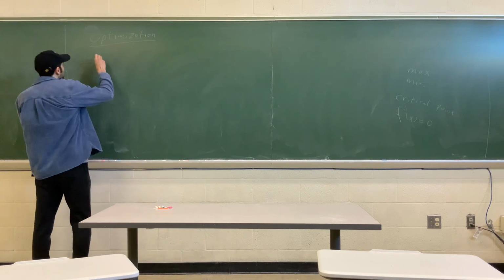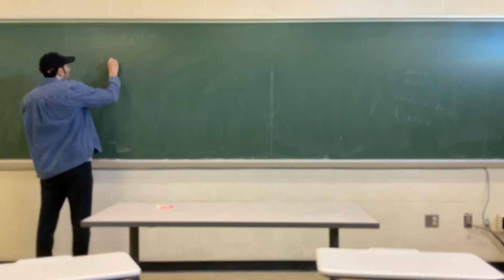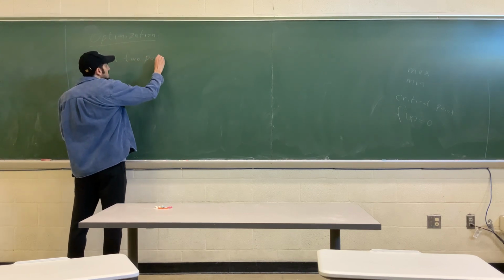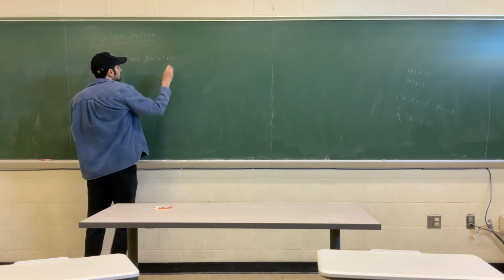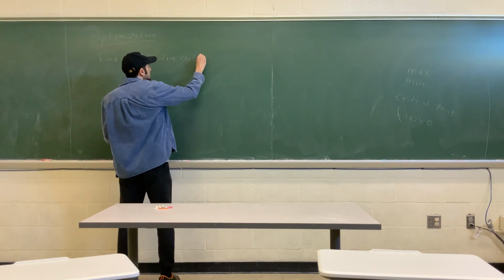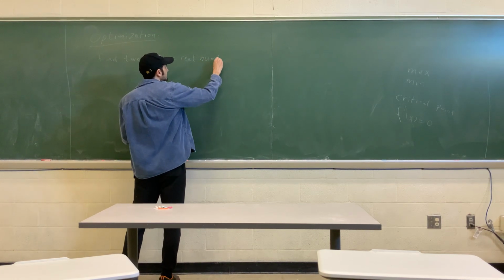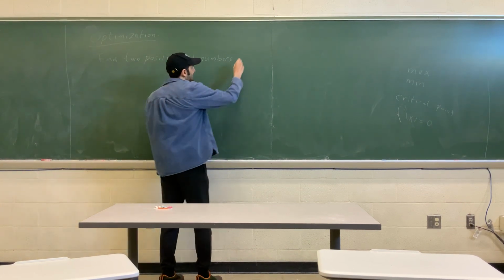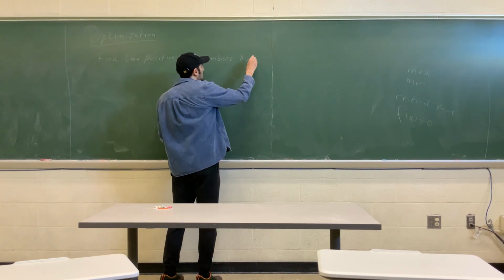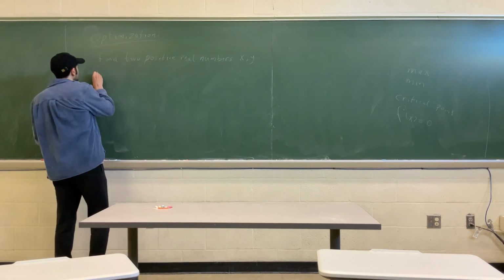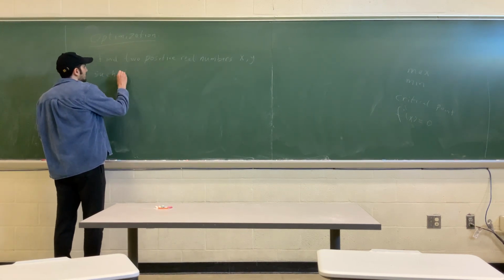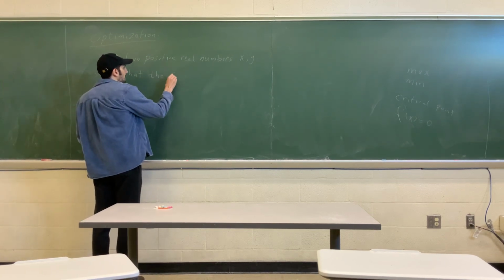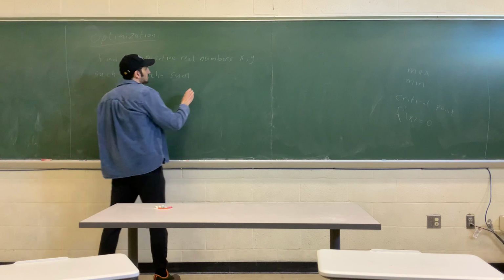The problem says, find two positive real numbers, and we're going to call these two positive real numbers x and y, such that the sum, and you know what do I mean by sum?